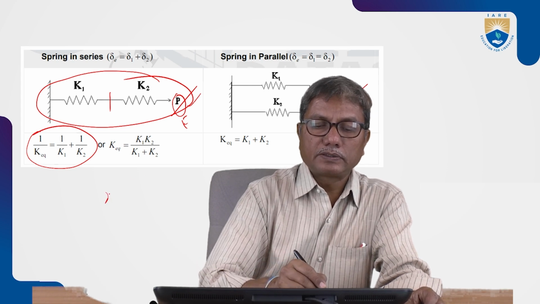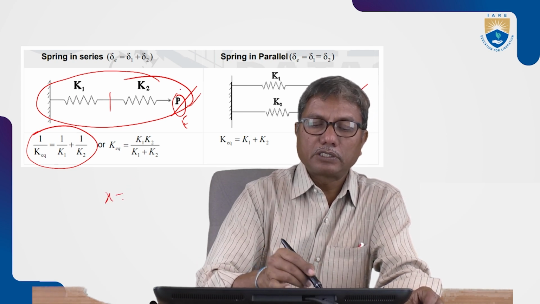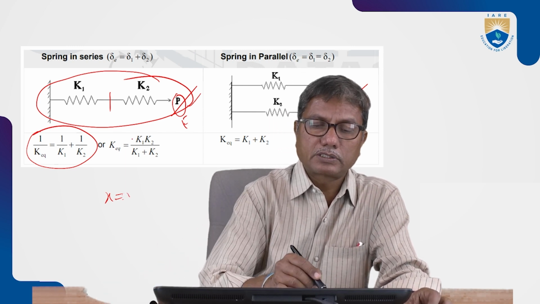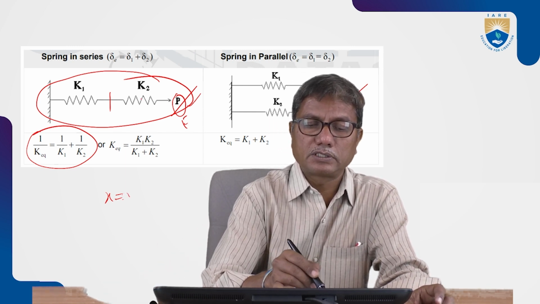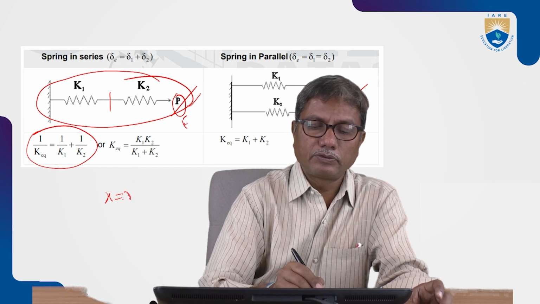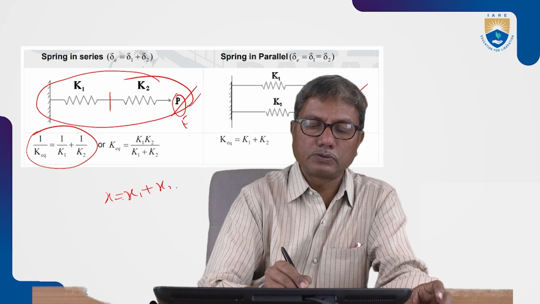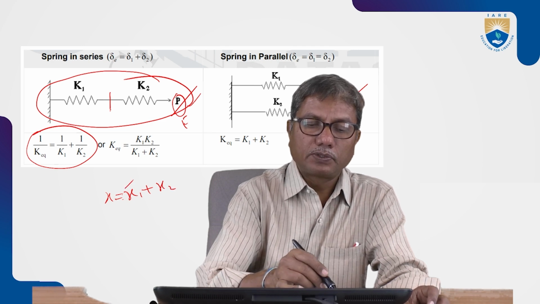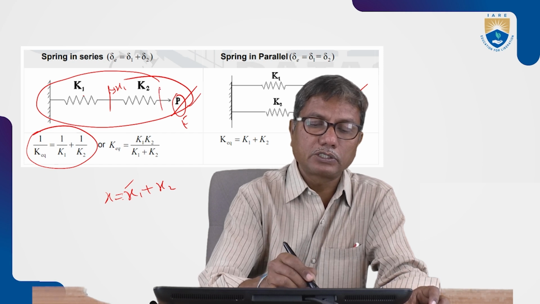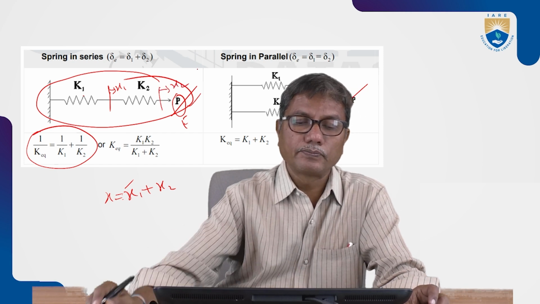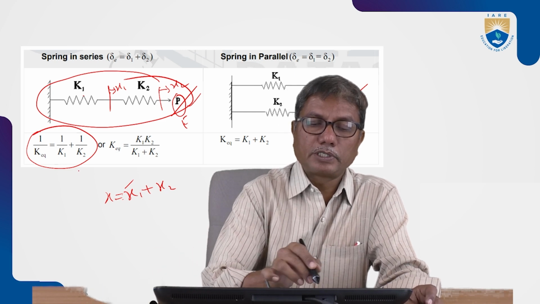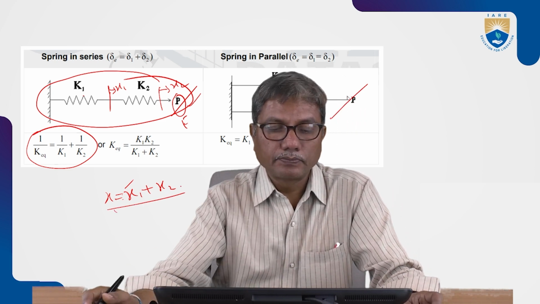What is the condition here? If the total elongation of this assembly of springs is x, then it will be equal to x1 plus x2, where x1 is the elongation of spring 1 and x2 is the elongation of spring 2. So the total elongation of the spring is x1 plus x2.